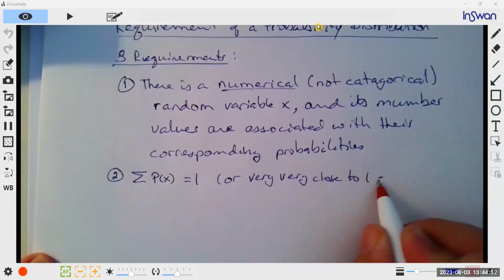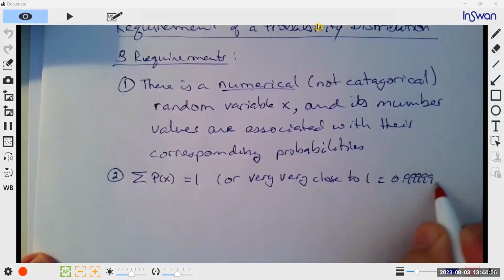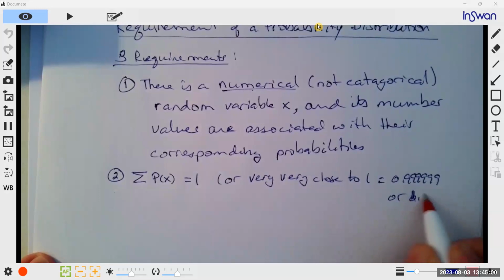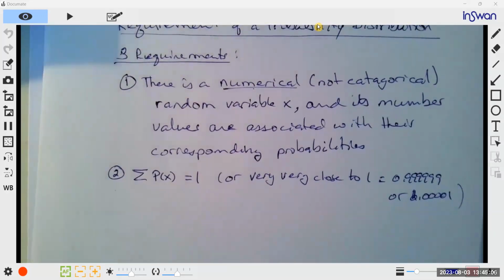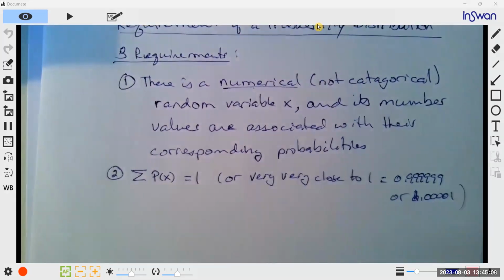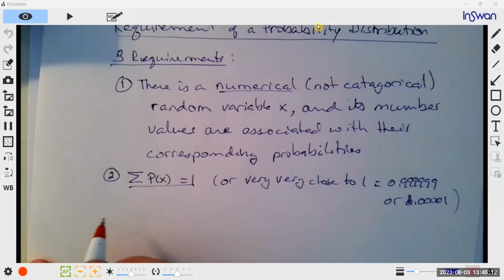In other words, 0.99999 or 1.0001. It could be larger or smaller, but it's got to be very, very close to it. But all the probabilities have to add together to be 1.